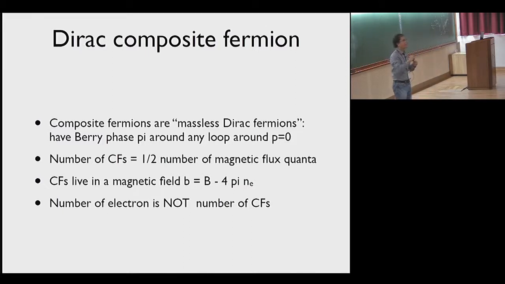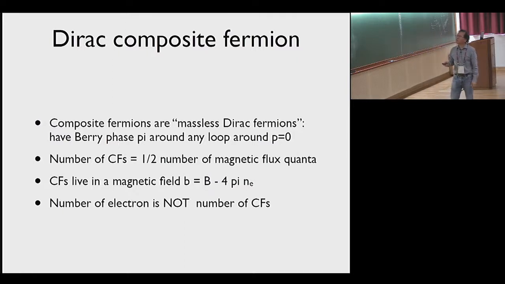The magnetic field has an average value, which is equal to the original magnetic field minus 2 pi times the number of electrons, so that when the system is near half filling, there is almost a cancellation between these two numbers, and the composite fermions live in a small magnetic field, 0 at half filling.